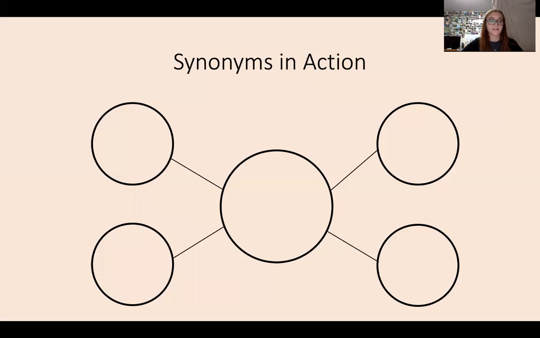Perfect! First, write the word big on your paper. We are going to think of some synonyms or words that mean the same thing of big. The first word that comes to my head is large. You can follow along with me and write large and other words on your paper as well.